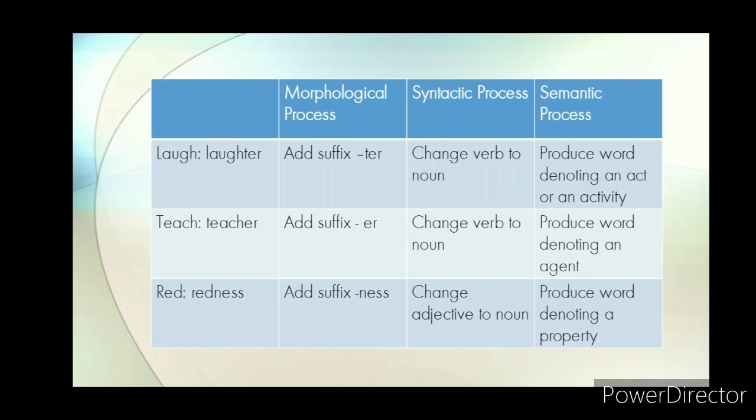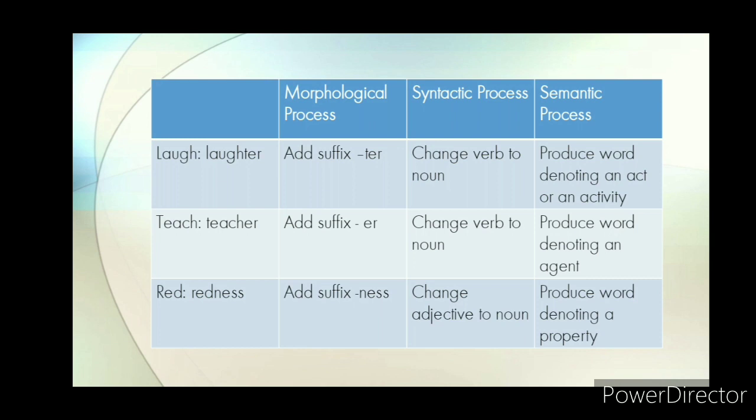Here I provide you examples of the process. The first one, the morphological process of laugh that becomes laughter. Laugh adds the suffix ter by the morphological process. And then in the syntactic process, it changes the verb laugh into the noun laughter.